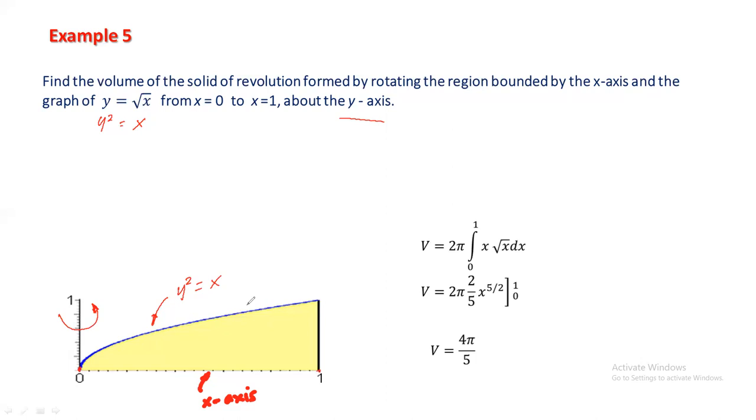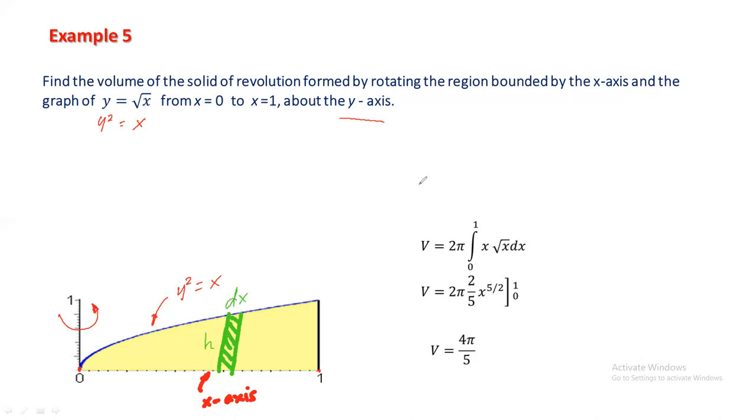So if that is the case, this is your axis of rotation, and we are talking about the shell, so we might as well use the shell method. Your cross-section or your differential element has to be this. Okay, so you have here dx, and this is your h, which is the width of your rectangle.